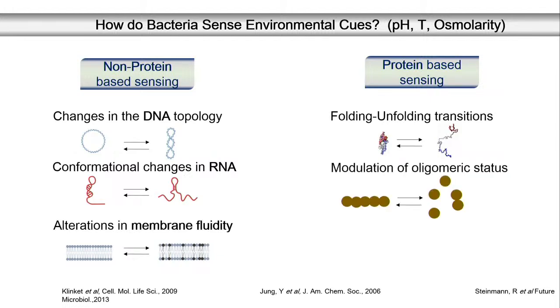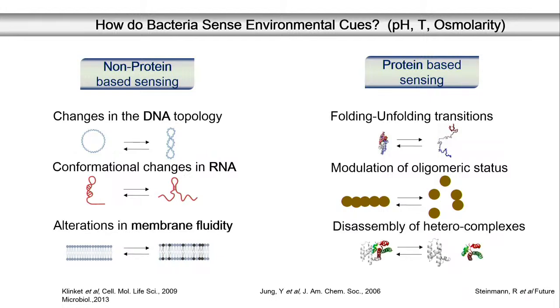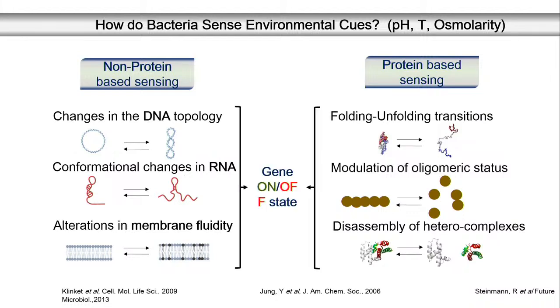Or you can have disassembly of oligomeric systems, disassembly of homo-oligomers or disassembly of hetero-oligomers. When one of these happens, the bacteria is able to switch the gene. Some of these can bind DNA and this might not be able to bind DNA, hence repression or activation can happen, and this on-off state can be tuned.